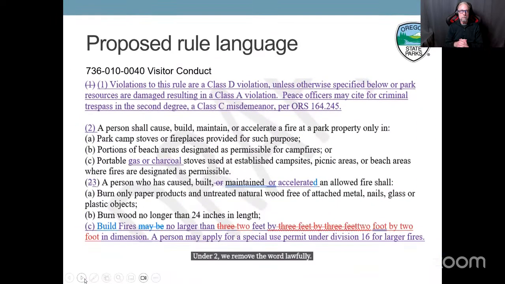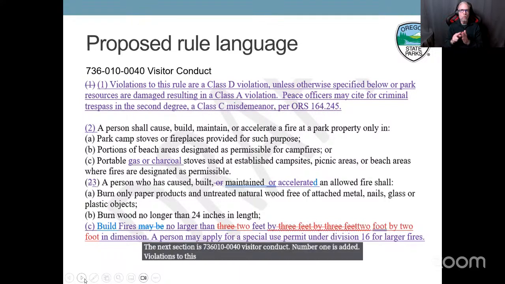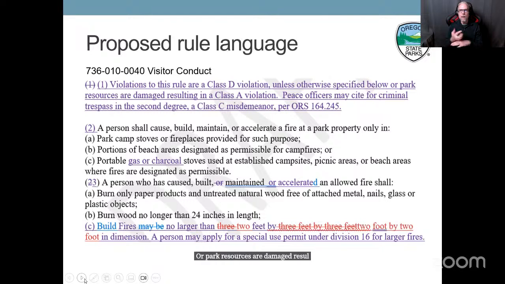The next section is 736-010-0040, visitor conduct. Number 1 is added. Violations to this rule are a Class D violation unless otherwise specified below, or park resources are damaged, resulting in a Class A violation.